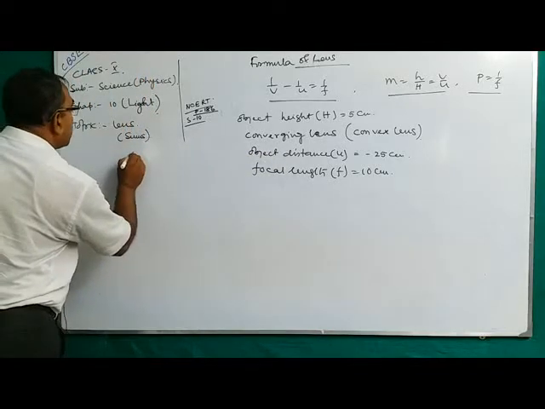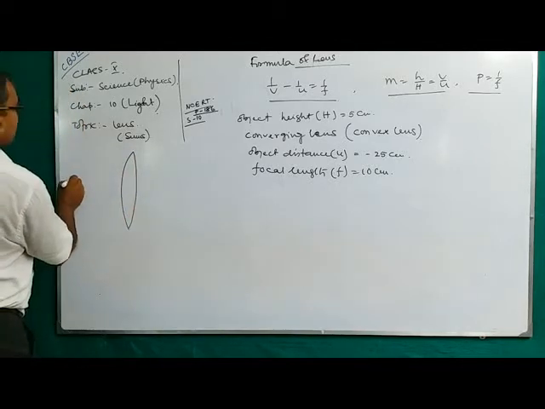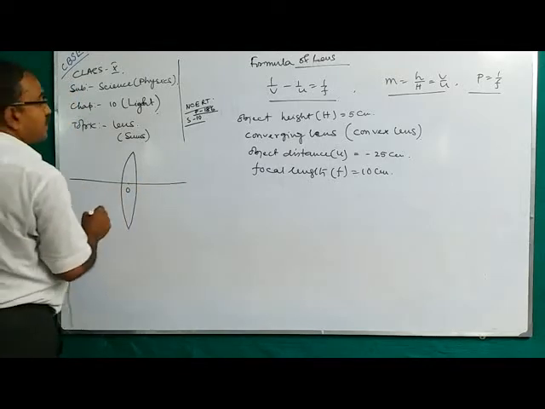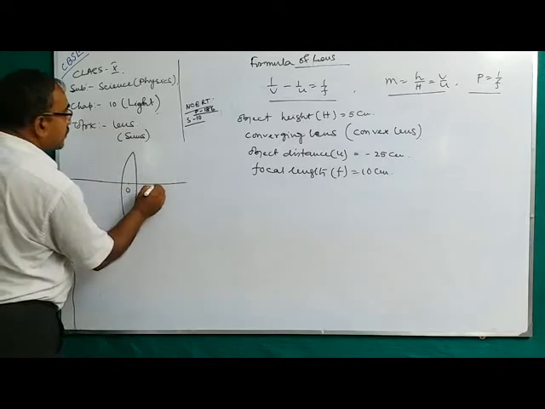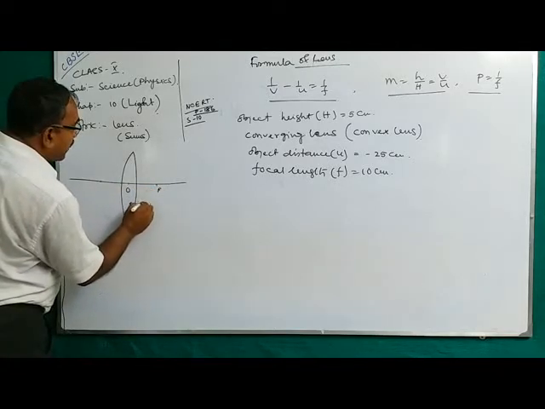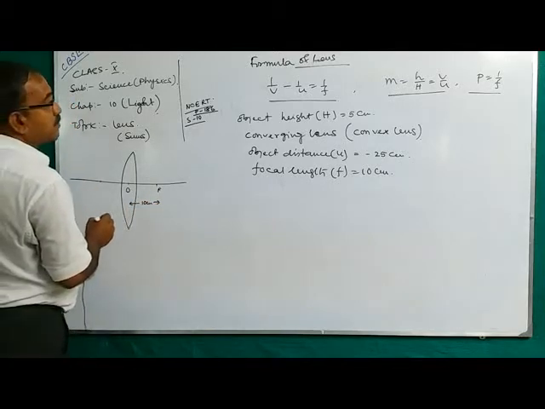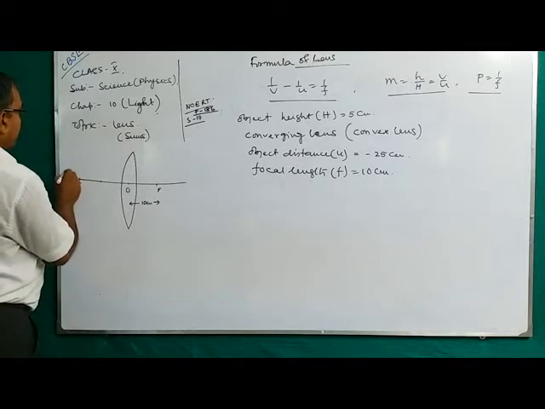Suppose you consider this is the lens, that is the principal axis, optical center, this is the focal length whose distance is 10 centimeter from here. The object is 25 centimeter away, C is here.